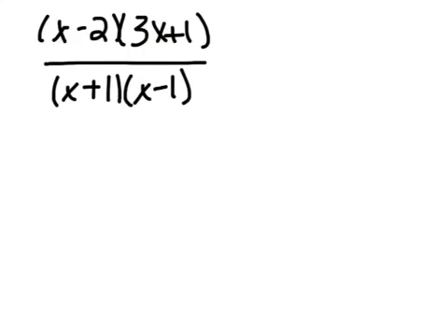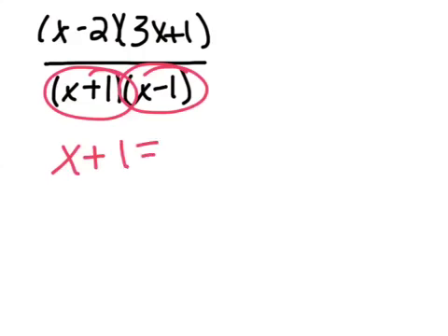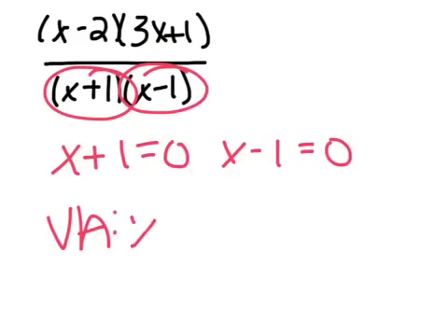You set your bottom factors equal to 0: x plus 1 equals 0 and x minus 1 equals 0, giving you vertical asymptotes at x equals negative 1 and positive 1.